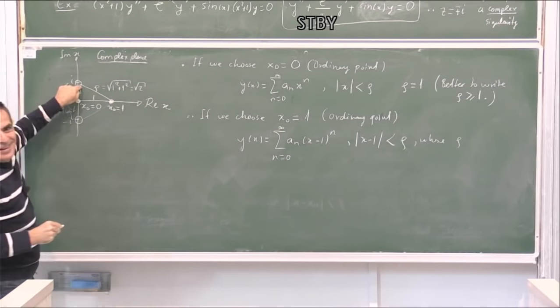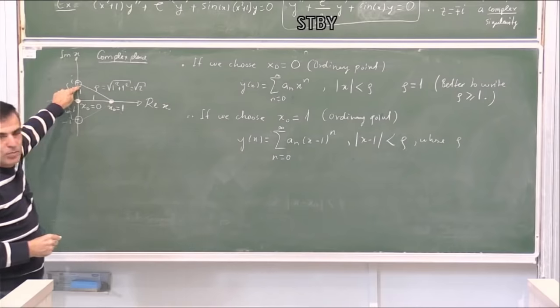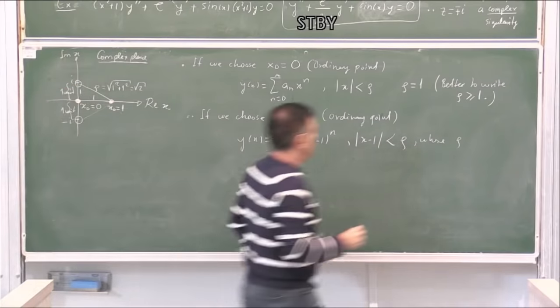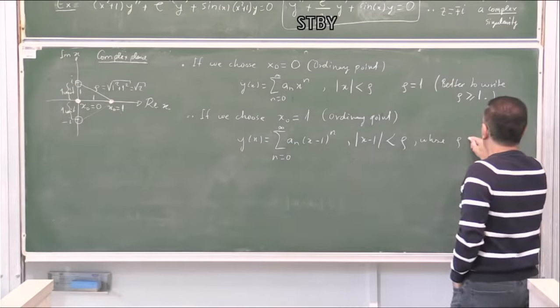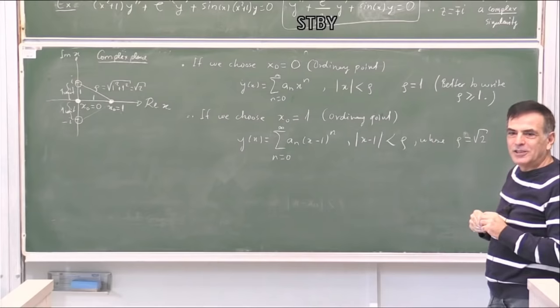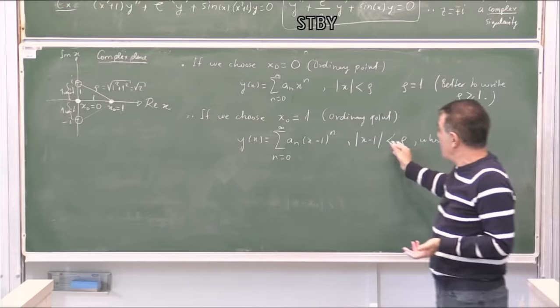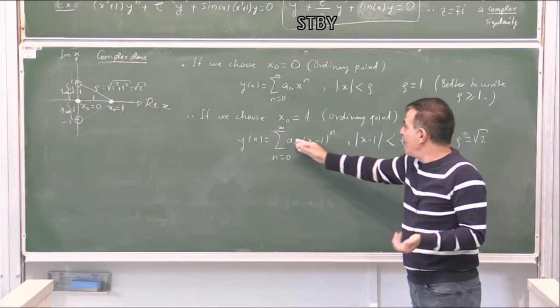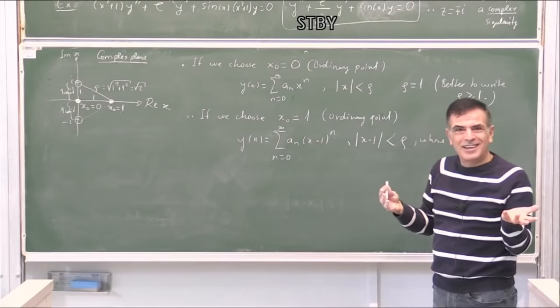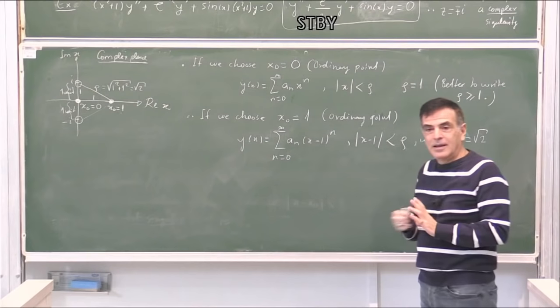So the distance from x0 to the nearest singular point is radical 2. So rho is radical 2 or larger than radical 2 in general. So we find the radius of convergence without knowing the series explicitly, without knowing an.